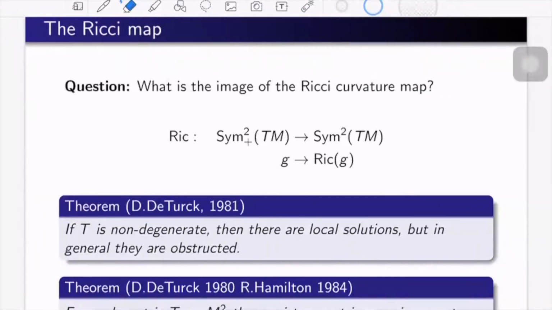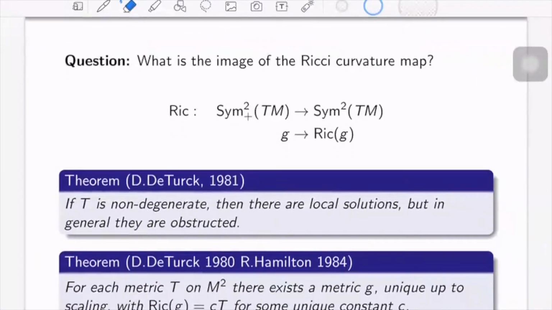Here is another result of DeTurck and later on independently by Hamilton. They made the point that one has to modify the problem a little bit. Namely, if you take a compact surface, then for every positive definite tensor T, so every metric T, there exists another metric G, unique up to scaling, such that Ricci(G) is equal to c times T for some constant c.